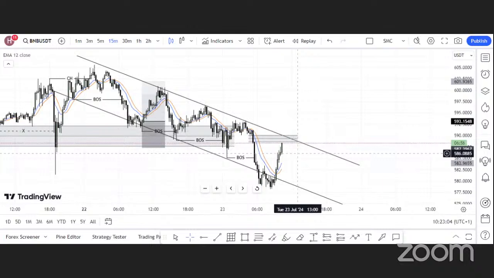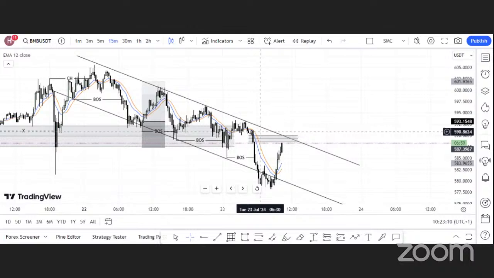Now, what you want to do here is, I don't want to use the fair value gap, because if I want to use fair value gap here, I'll have to make another detailed explanation on what fair value gap is and how to get your fair value gap. So what I'm going to do here is use support and resistance instead.